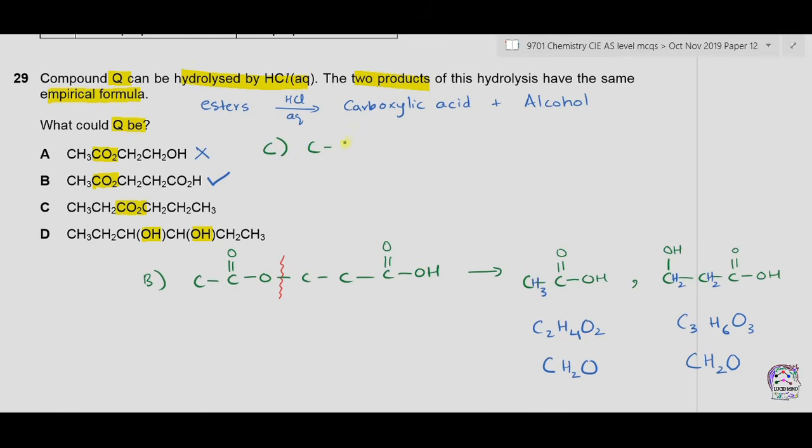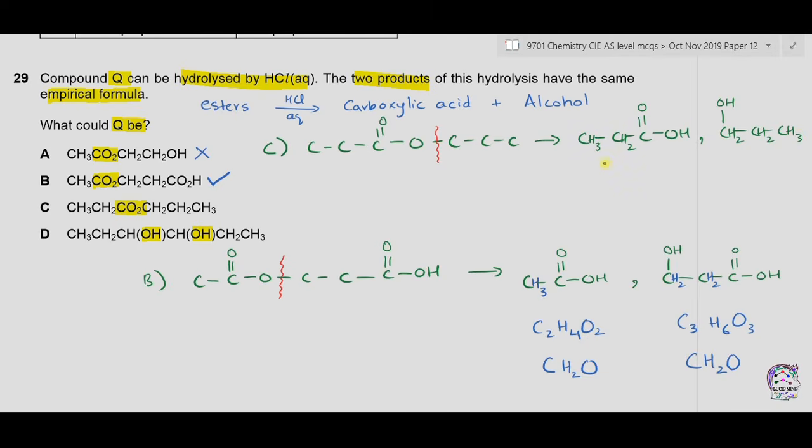We have carbon, then the ester functional group, then carbon, and CH3. So this will break from this part after acid hydrolysis. The products formed are C double bond O, OH for the carboxylic acid, and OH with the first carbon atom for the alcohol. The number of hydrogen atoms are 3, 2, 2, 2, and 3.